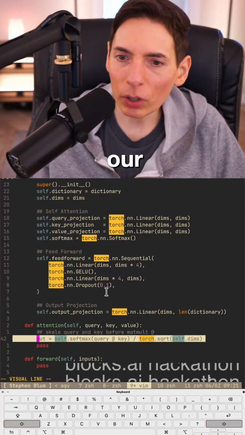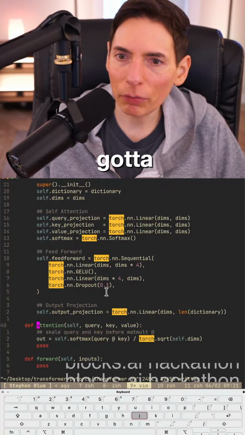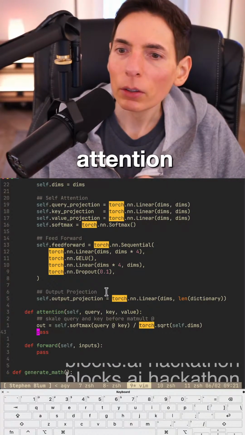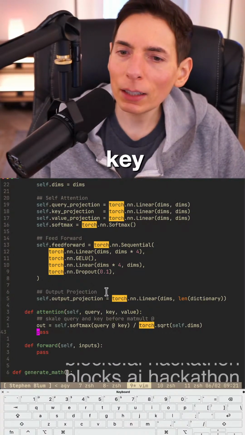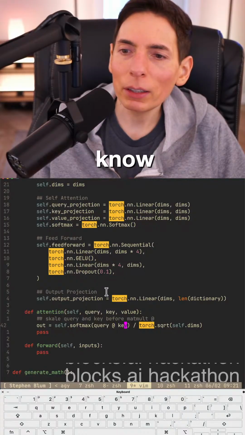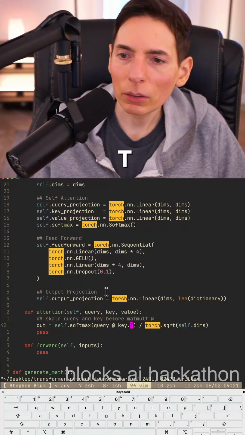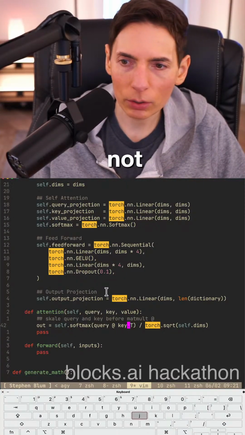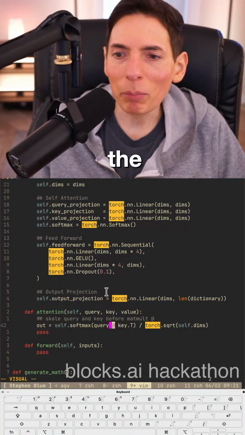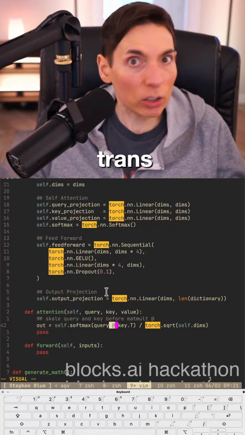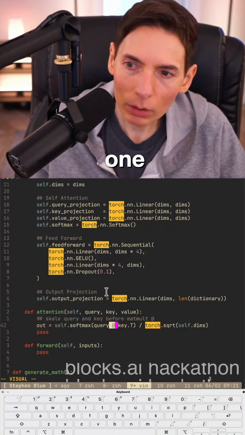So let's finish our attention layer here. We've got a query key, and this is typically, we could do .t, though I don't know if we need to or not, because the matmul already includes a transposition. It already includes one.